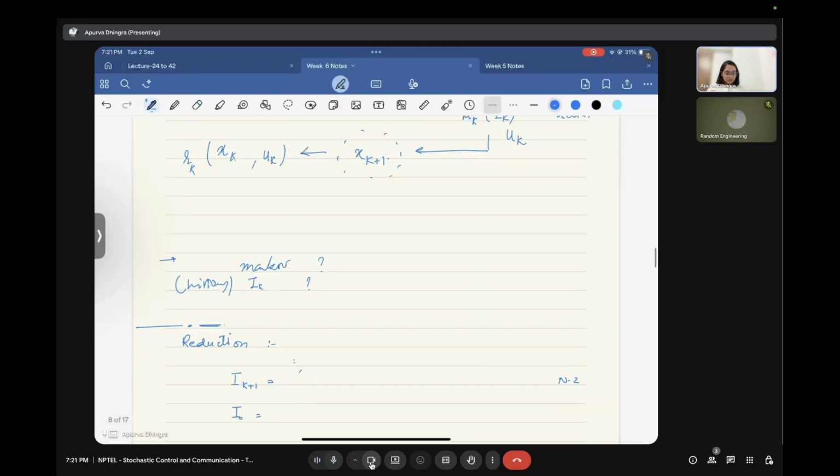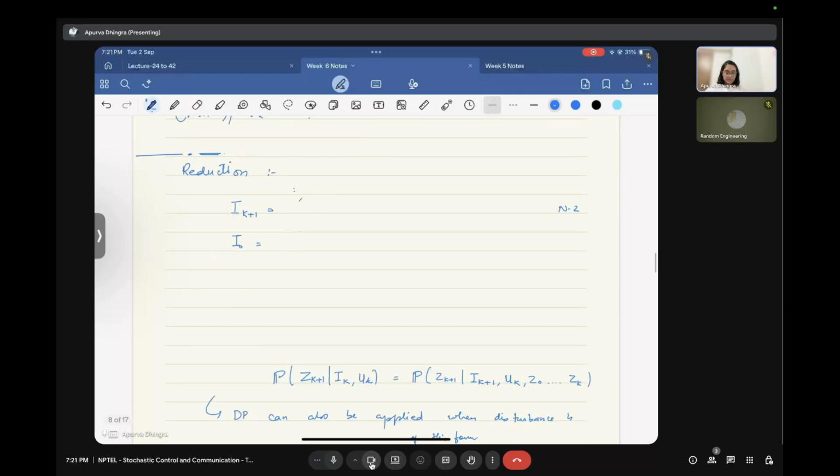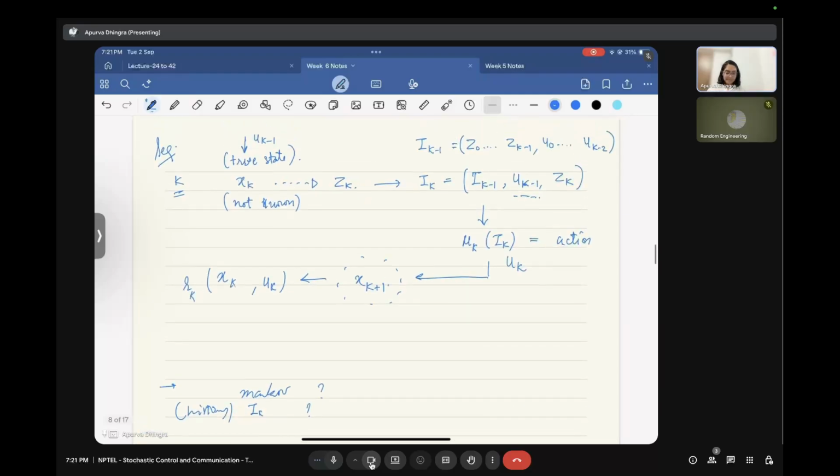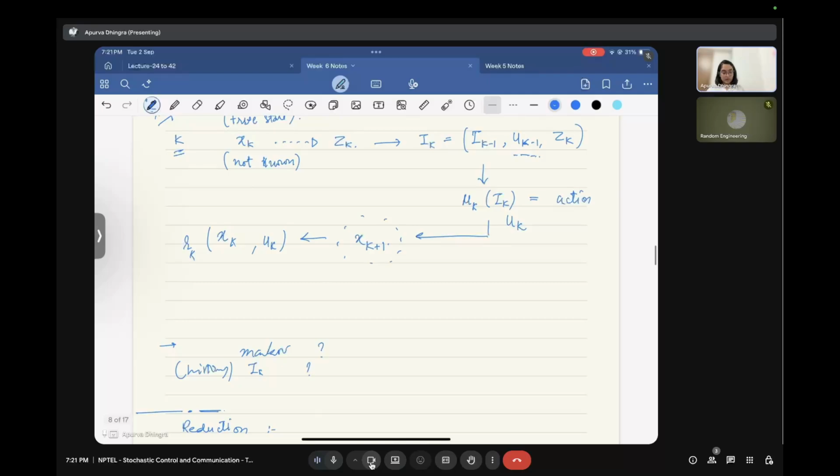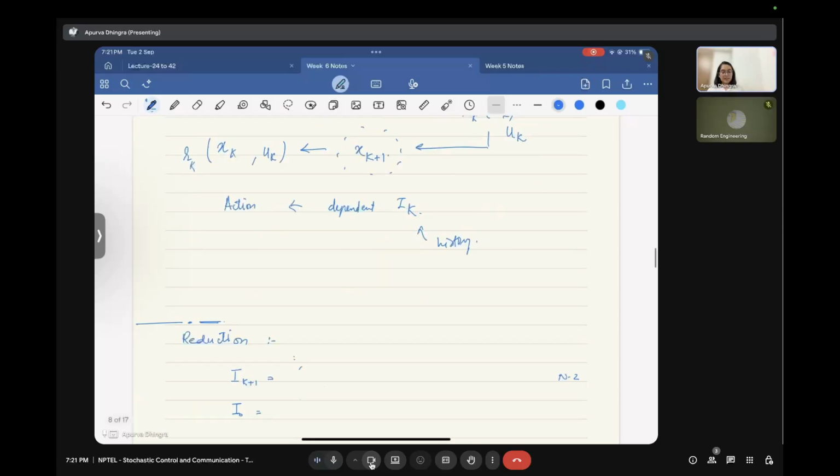Okay, so the thing here is, the action needs to be dependent on ik. Now ik looks very similar to history, right? But there is a reduction possible.